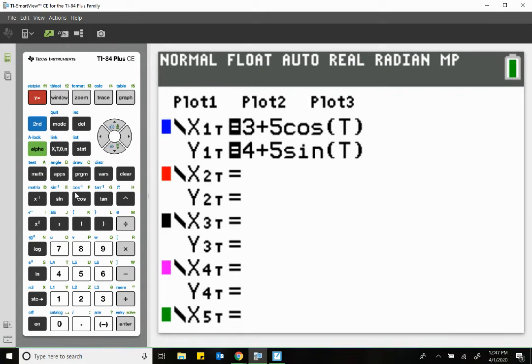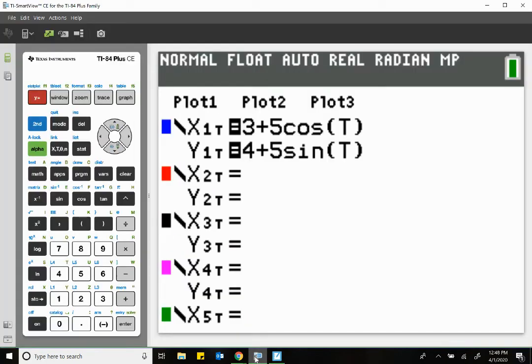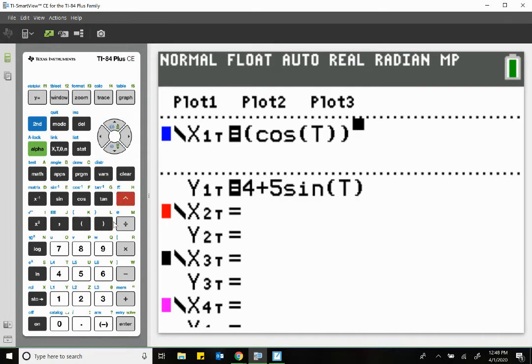So over here, all we're going to do is have, I believe it's cosine cubed, sine cubed. So, parenthesis cosine t, parenthesis, and cubed.